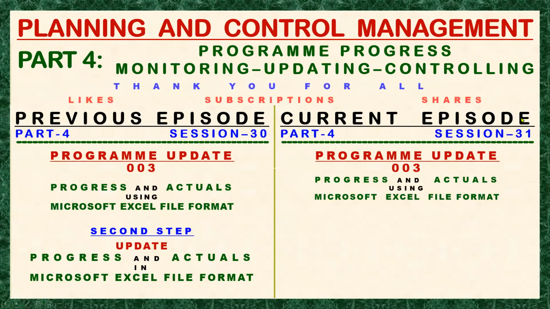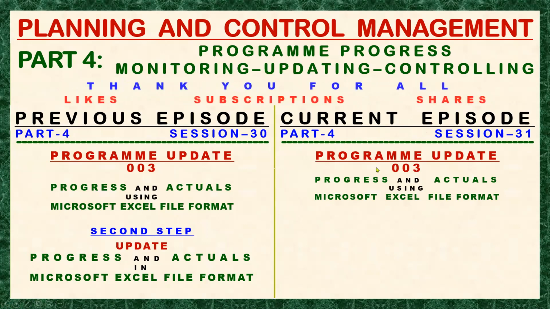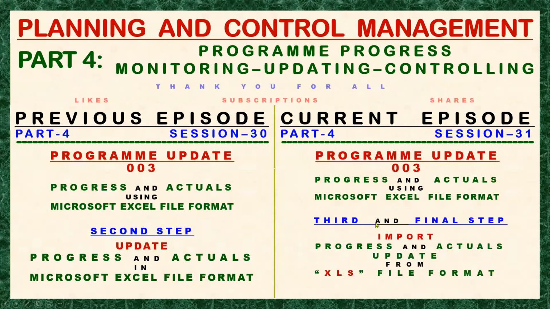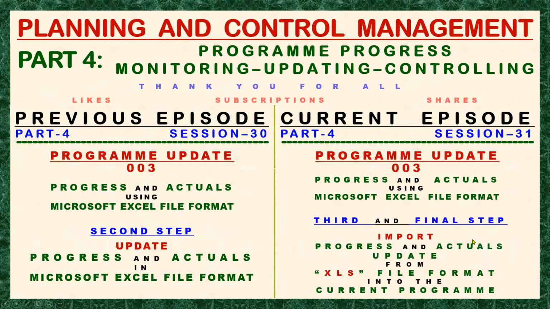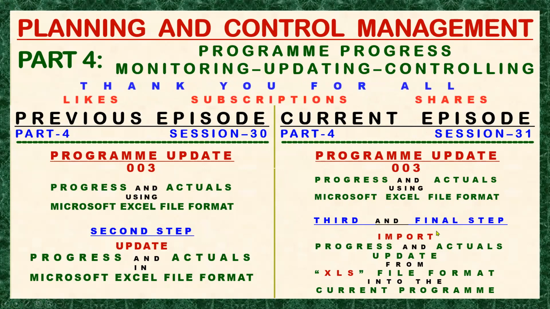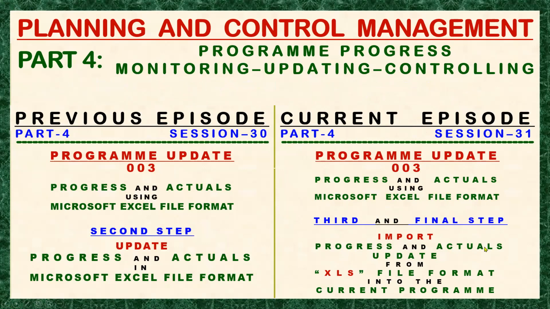Our current episode is Part 4, Session 31, the same Update Program 003, progress and actuals using Microsoft Excel file format, and this is the third and the final step. As I said, this step includes importing the progress and actuals update from the Excel file format into the current program.